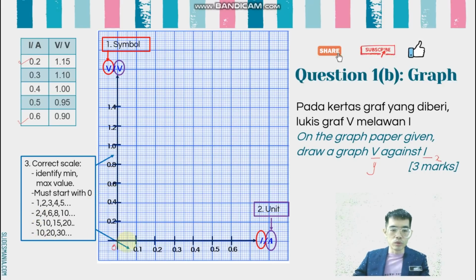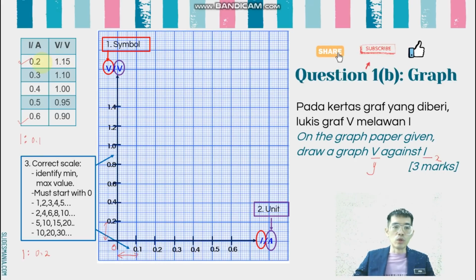That means 1 unit here, for example, at the x-axis, represents 0.1. For the y-axis, 1 unit represents 0.2. So it is considered as a multiple of 2 for the y-axis and a multiple of 1 for the x-axis here.